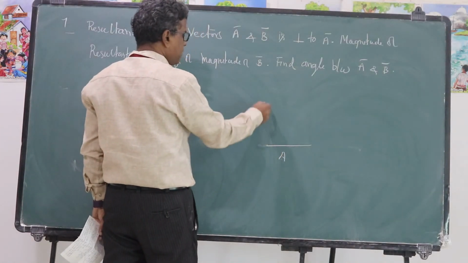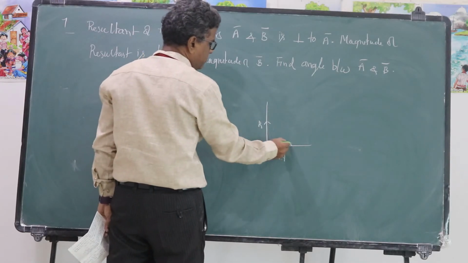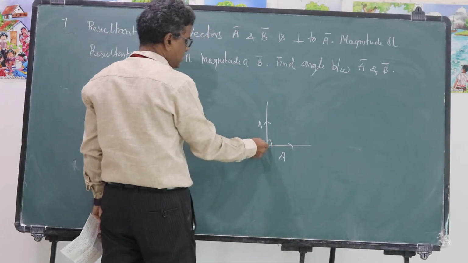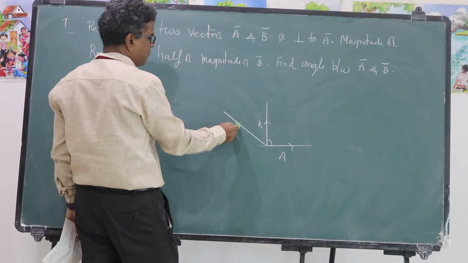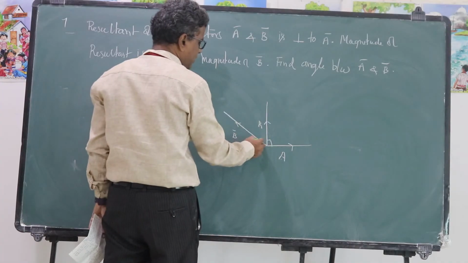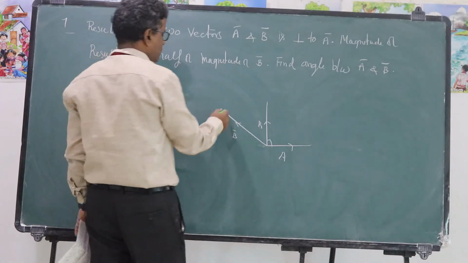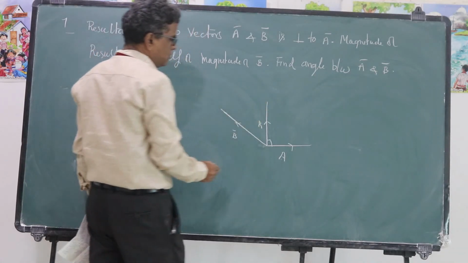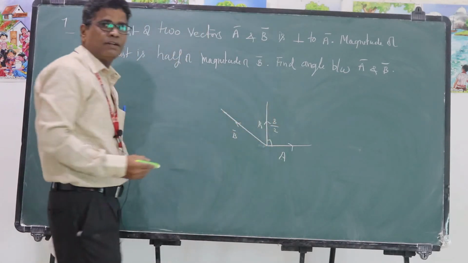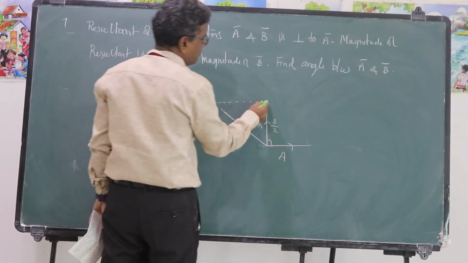The resultant will be perpendicular to A. From the parallelogram law, the other vector should be in this direction, B. The angle between them we don't know, let it be theta. The resultant magnitude is half of B. That is given, so you construct a parallelogram with this information.